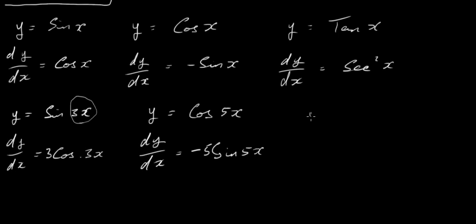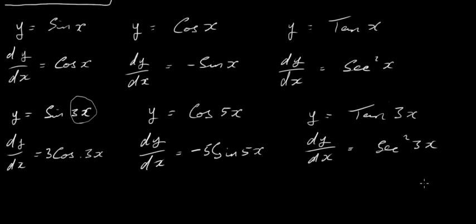Similarly, if we have y is equal to tan 3x, we'll do the same again. This is dy/dx, and here we get sec squared 3x, and again you must differentiate this part here, so that will give me 3.